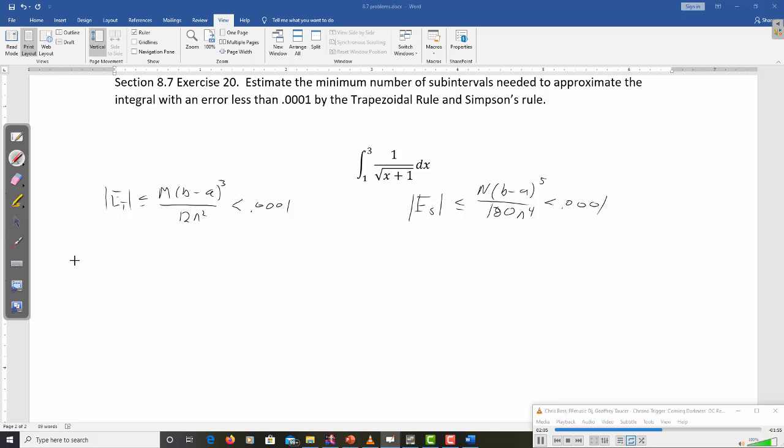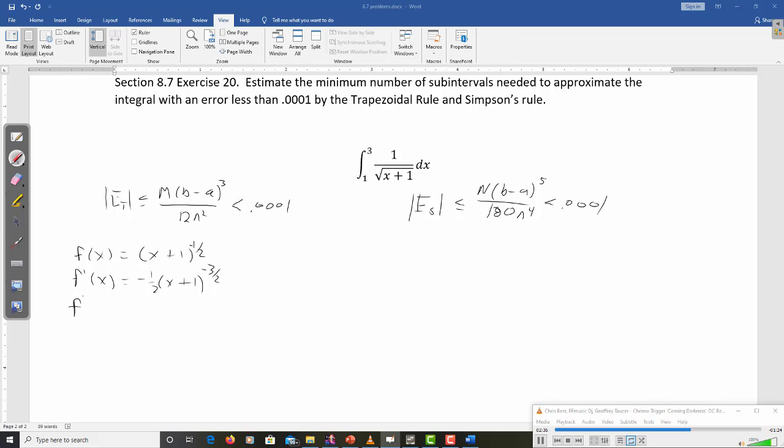So for M, we need to know the second derivative. f of x is (x plus 1) to the negative 1/2, my bad. f prime is negative 1/2 (x plus 1) to the negative 3/2.